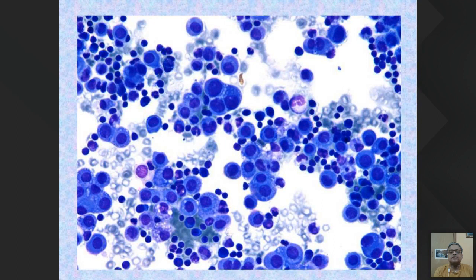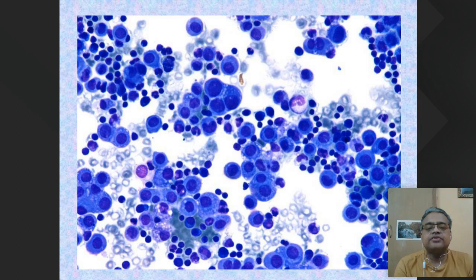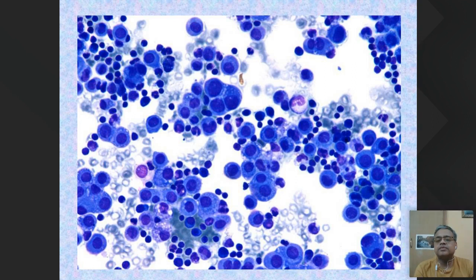So here at higher power, you can see what the reactive mesothelial cells look like. These are the cell junctions on Giemsa, and the size difference between histiocyte and reactive mesothelial cell is more accentuated. This would be the size of the histiocyte. They don't have that much cytoplasm like here. This would be a histiocyte.